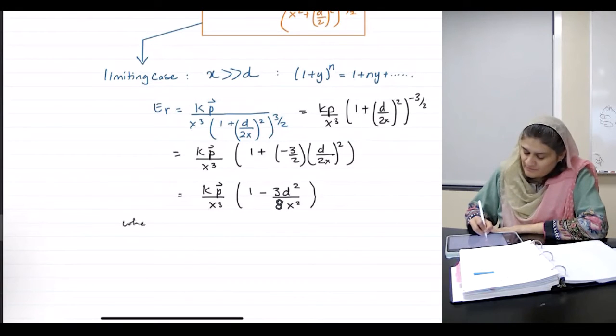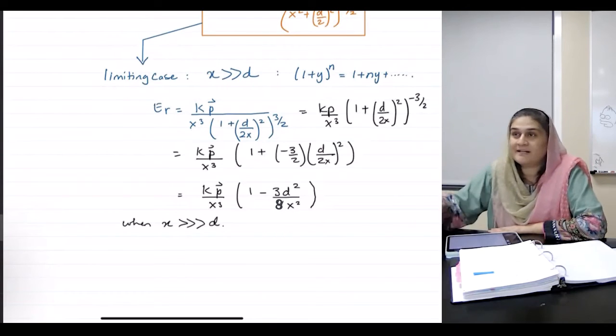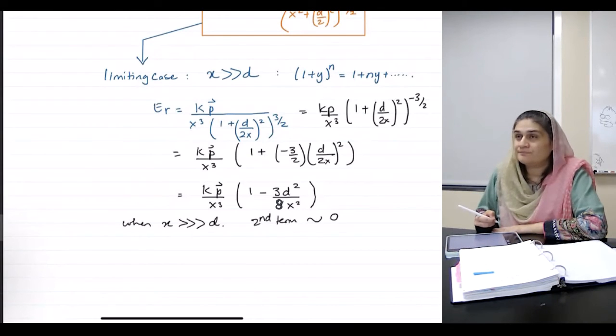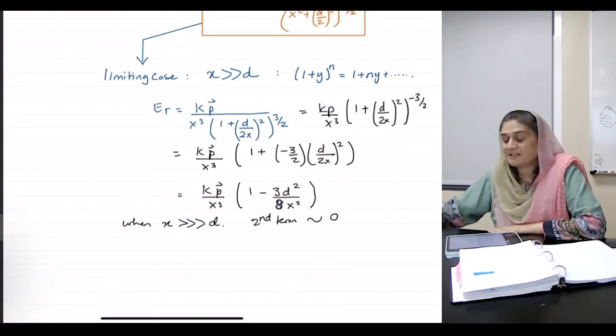When x is much, much, much larger than the separation, which is normally the case, the second term almost goes to 0. Like d over x squared, right? It's very, very, very tiny.